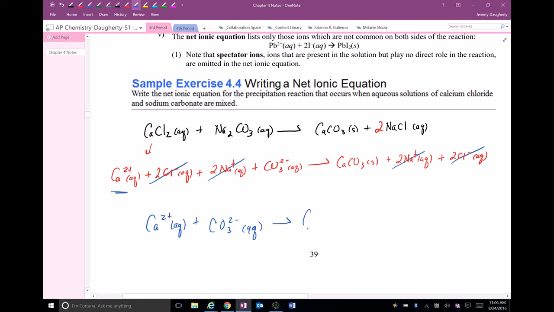And that yields calcium carbonate, CaCO3 solid. So that's going to be my net ionic equation. And the net ionic equation shows you only what's reacting. So a net ionic equation can be useful when you just want to know how much precipitate do I form or something like that.